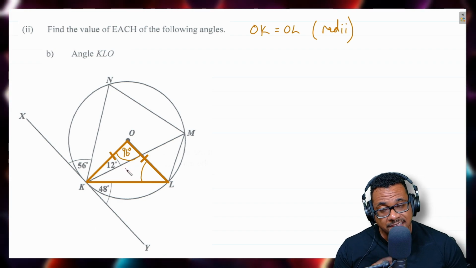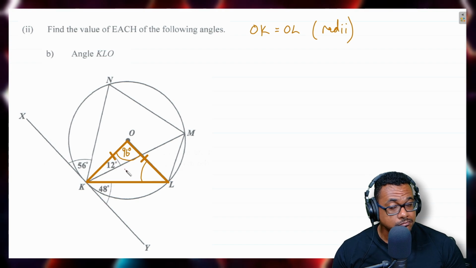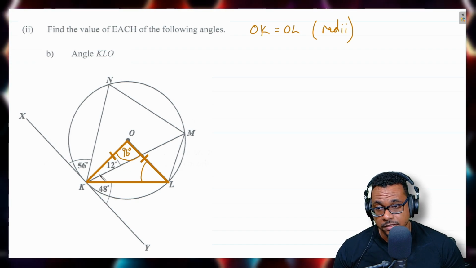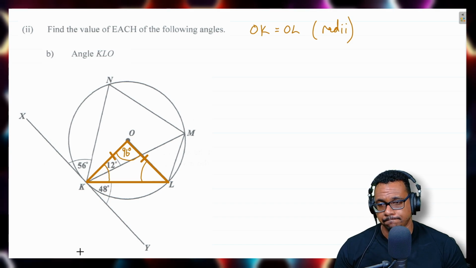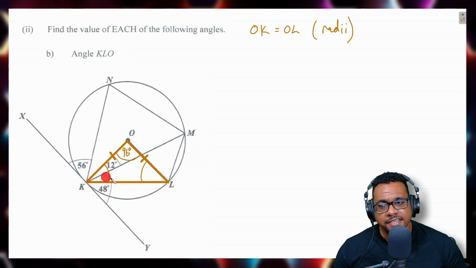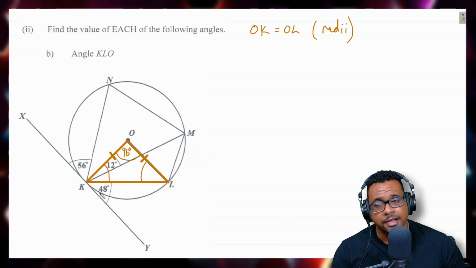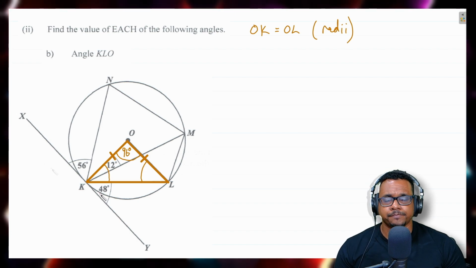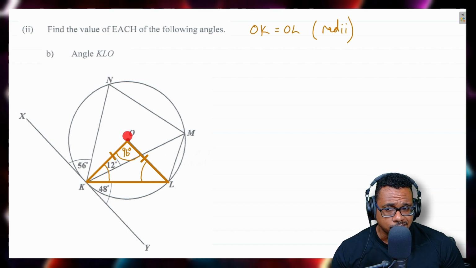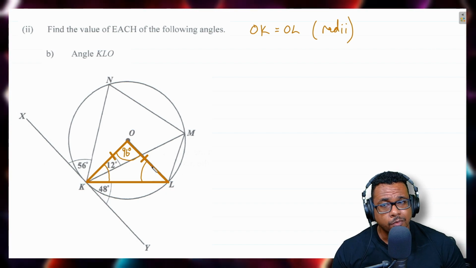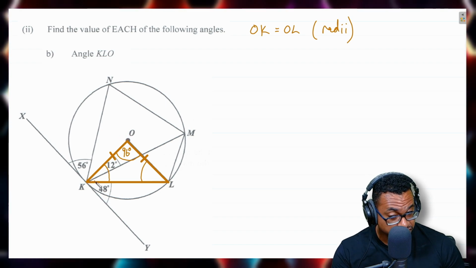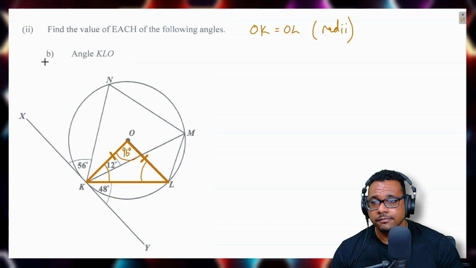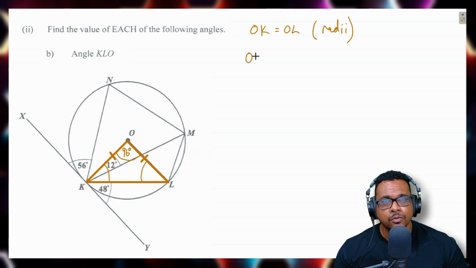So now, what do we know about an isosceles triangle? Well, we know that the base angles of an isosceles triangle are equal. So this angle is equal to this angle here. And we know the sum of the interior angles of a triangle must add up to 180 degrees. So what I could write is that angle OKL is equal to angle OLK, because the base angles of an isosceles triangle are equal.